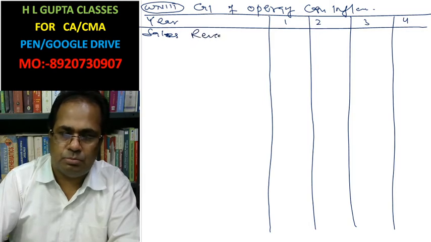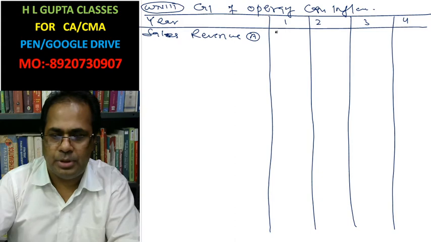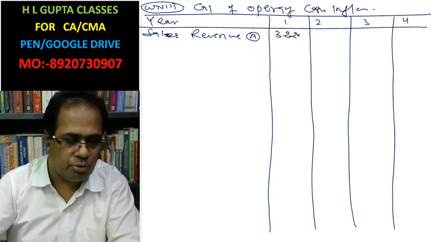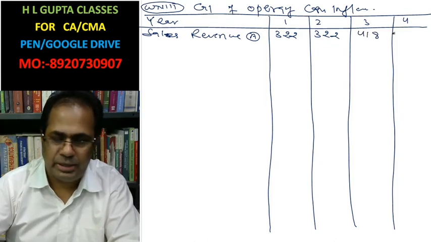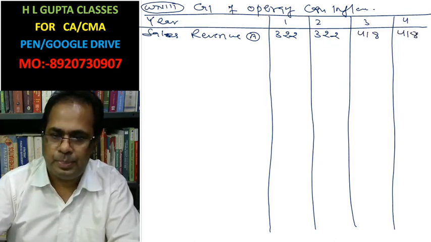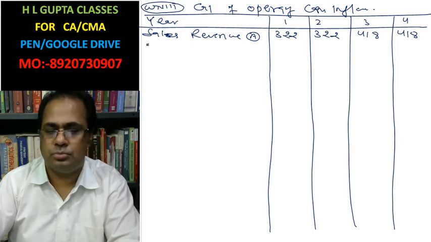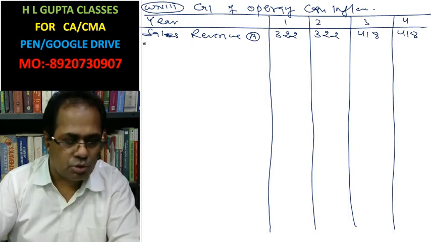Sales revenue, you have A: 322, 418, 418. Okay, less cost.